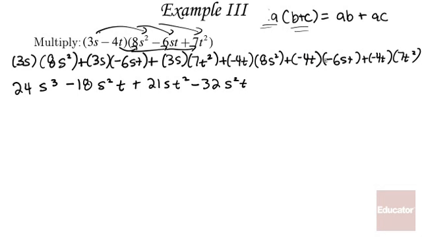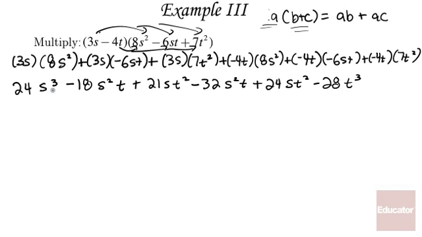Negative 4 times negative 6, that's going to become a positive 24st squared. Negative 4 times 7, negative 28t cubed. Okay, now I have some like terms, so I can do some simplification.